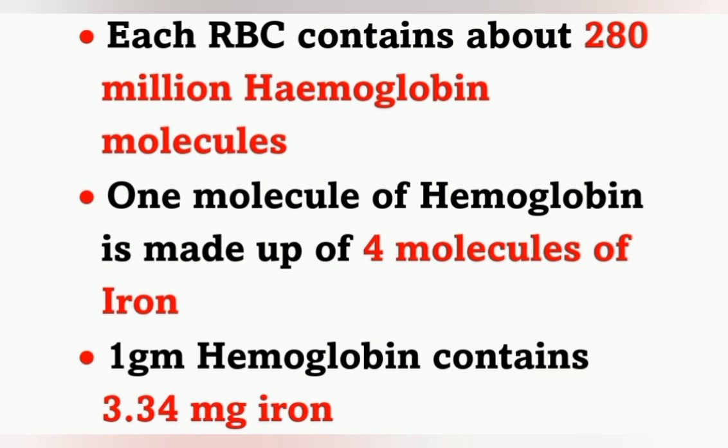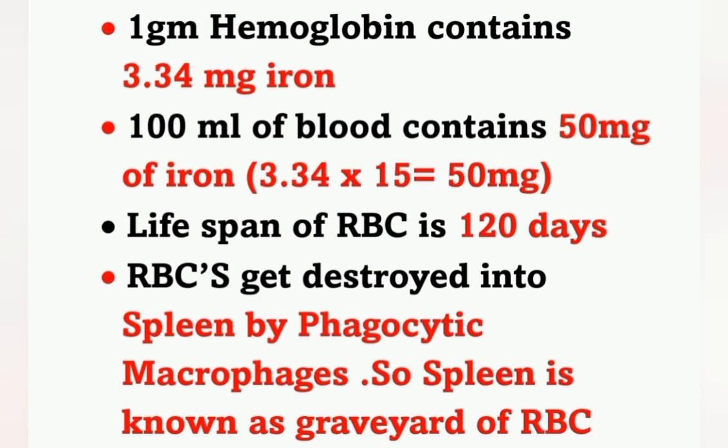And 1 gram hemoglobin contains 3.34 milligram of iron. And 100 ml of blood contains 50 milligram of iron.